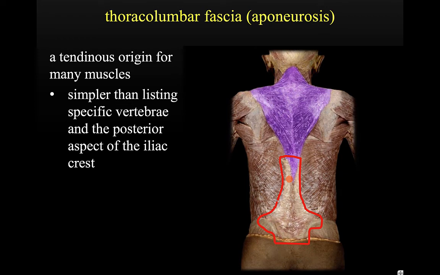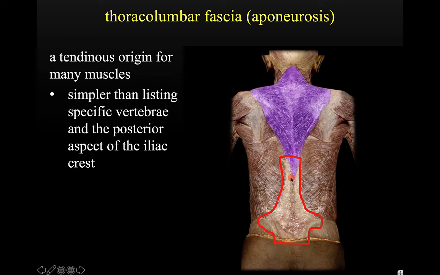Now here we want to take a look at this thoracolumbar fascia, or thoracolumbar aponeurosis. So this is an origin for many of our muscles, and it's this band of white tissue here, predominantly in the lumbar and lower thoracic regions along the back.